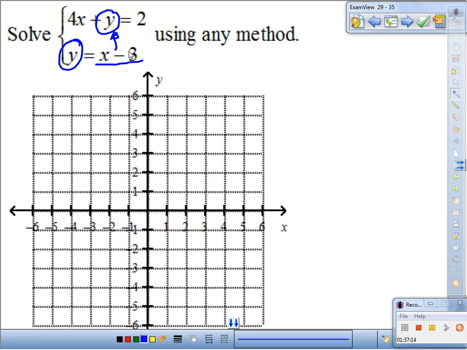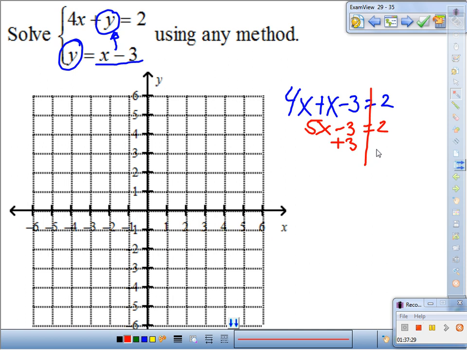X minus 3. So this becomes 4x plus x minus 3 equals 2. Let's solve that. Combine like terms, 5x minus 3 equals 2, plus 3, plus 3, 5x equals 5, divide by 5, divide by 5.